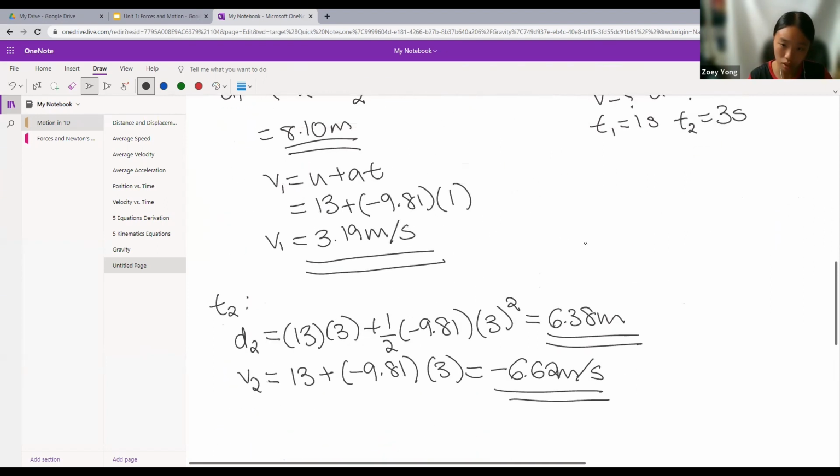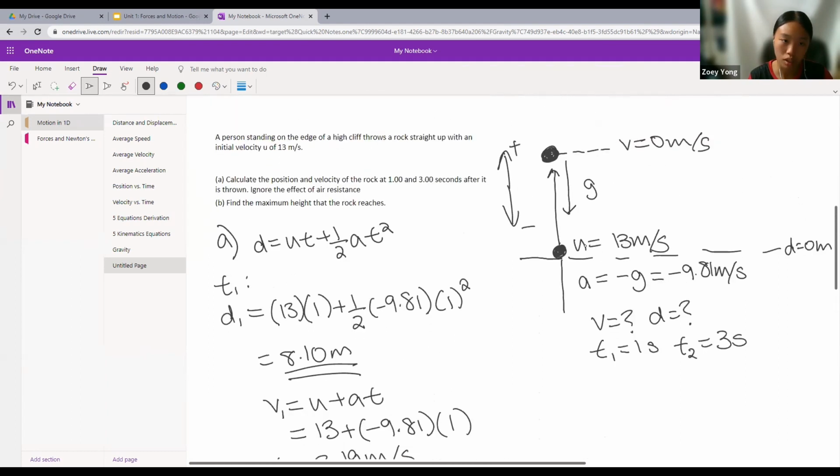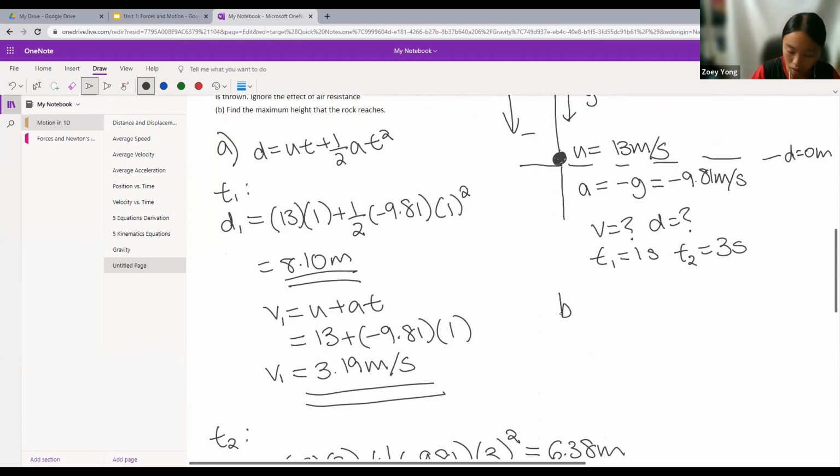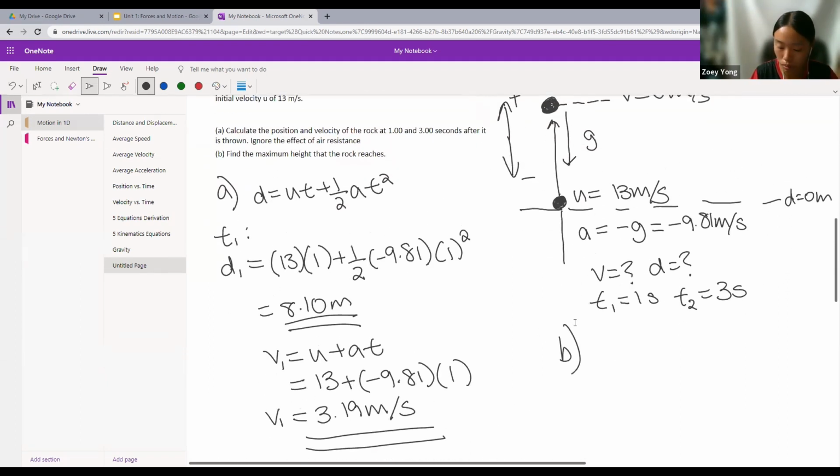And now the last thing we're going to do for today is find the maximum height the rock reaches. Basically, we're going to call it H max, which is the same thing as the distance the rock travels at the farthest point.